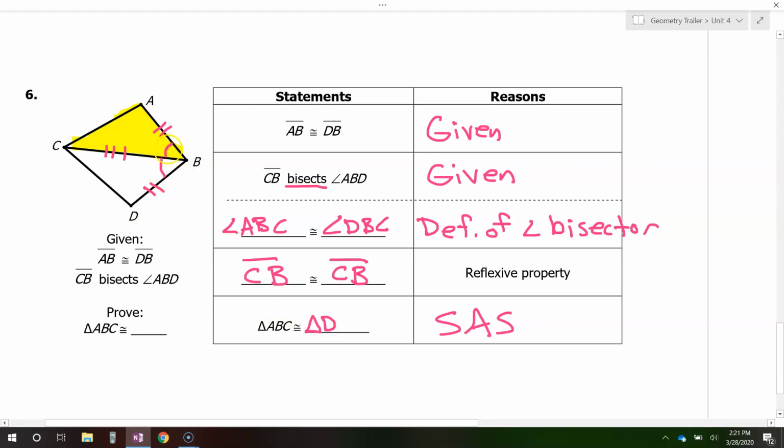Look at the single mark here. The yellow angle B is congruent to the white angle B. So angle B corresponds with angle B. Similarly, the yellow angle C is going to be congruent to the white angle C. Notice that they are both blank. And that is how you prove that triangles are congruent.